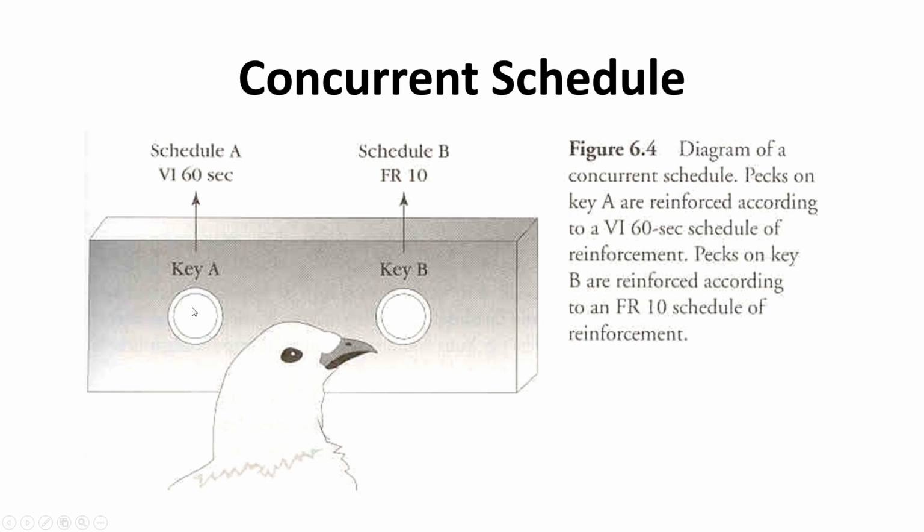Here, key A is associated with schedule A, which is a variable interval schedule of reinforcement where every 60 seconds or so, pecking that key will get them food. We can also have schedule B associated with key B, which is a fixed ratio of every 10 pecks they would receive reinforcement. And in terms of choice, we would care how likely are they to choose A or B.